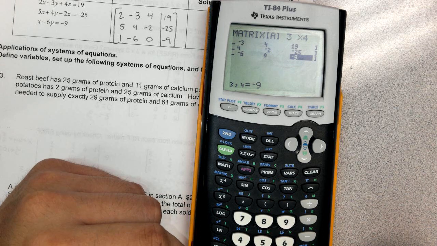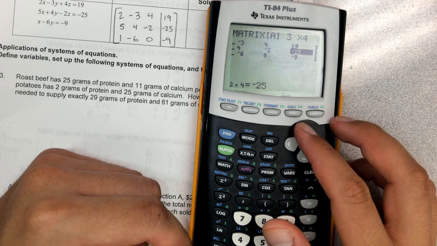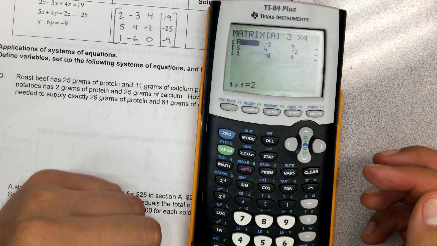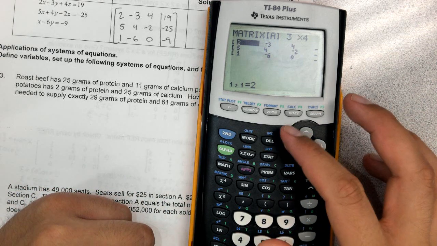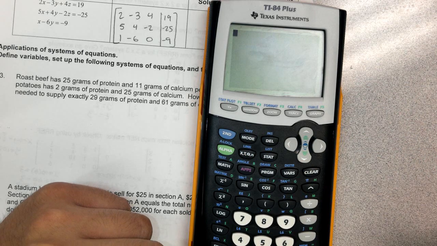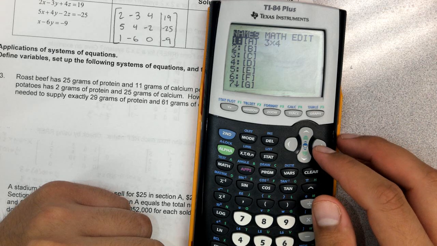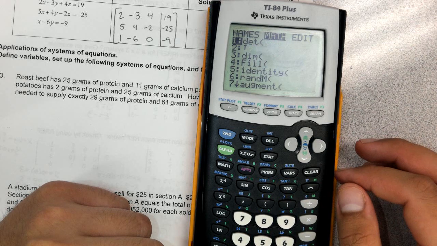Alright, so just always double check your matrix. Just make sure you have the correct numbers in there. Alright, so I think here I'm good. So then I'm going to go back to the blank screen, so second quit or second mode. Now go back to second matrix. We're going to go to math.